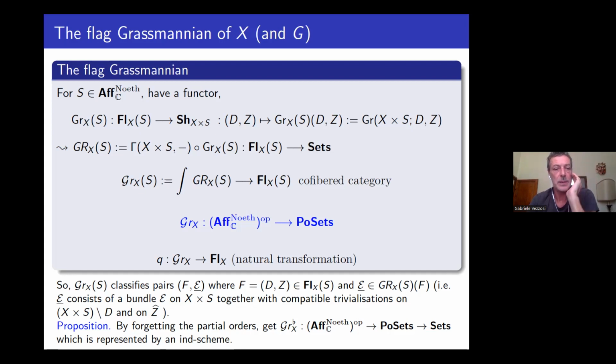So only the Cartier divisor is considered. If you only consider those kind of flags, you actually get a quasi-projective ind-scheme. But when you consider also Z hat, then you get something which is, if you want, still quasi-projective, but of infinite type. So I just say it's an ind-scheme in general of infinite type.